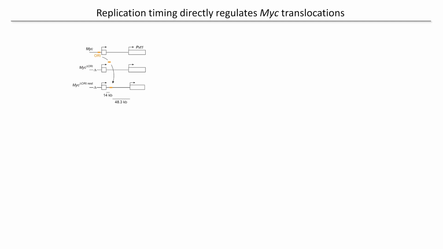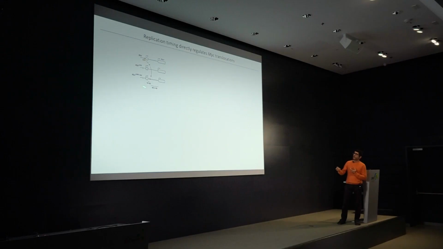This is the wild-type MYC, which has this origin upstream that we deleted in the delta Ori line. So that's what I've already shown you.